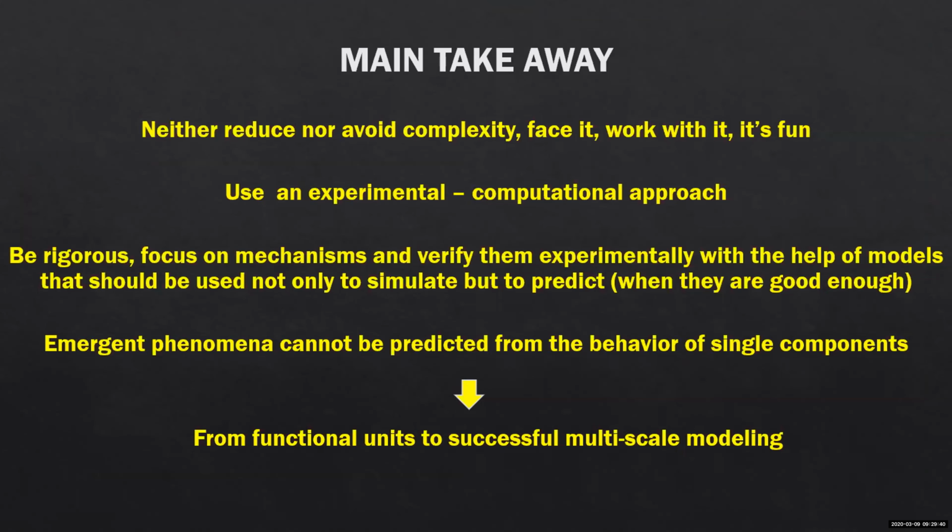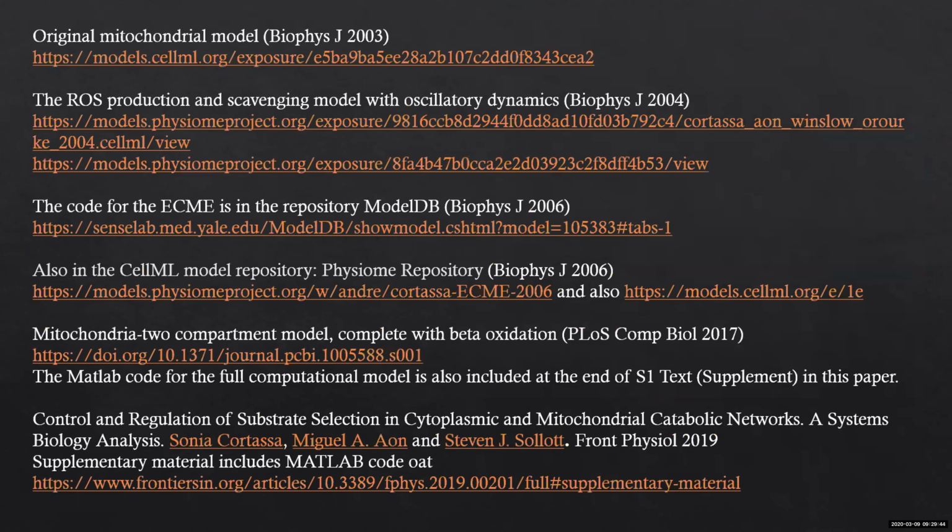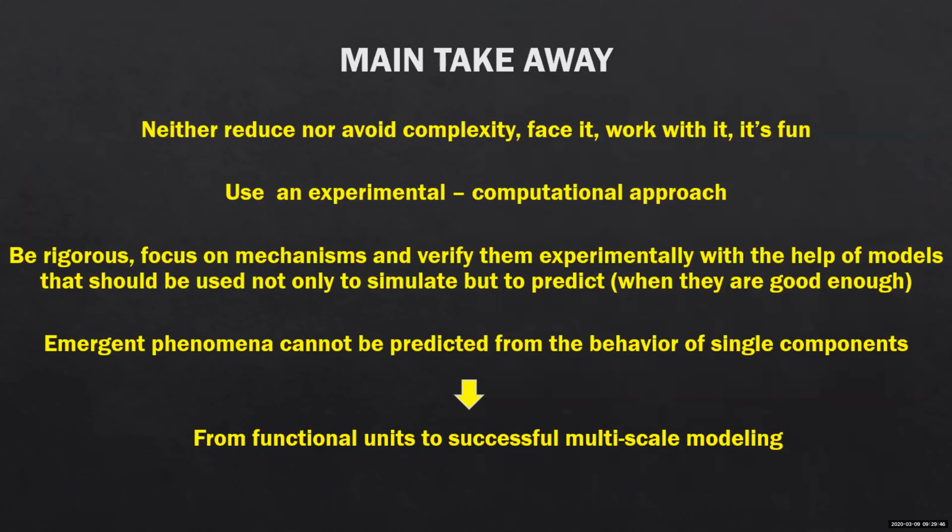So I hope to have convinced you that we should not avoid complexity, instead face it and work with it. It's fun. We have used an experimental computational approach, which is very powerful, and we have been rigorous and focused on mechanisms and verified them experimentally with the help of models that should be used not only to simulate, but to predict.